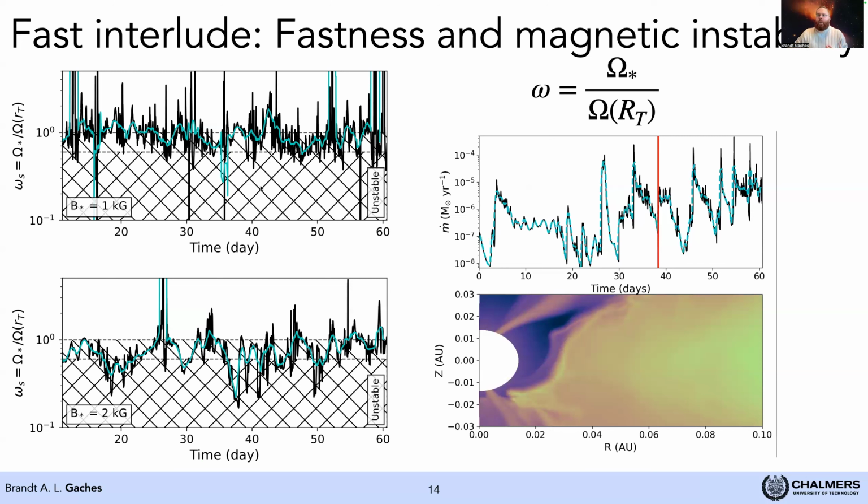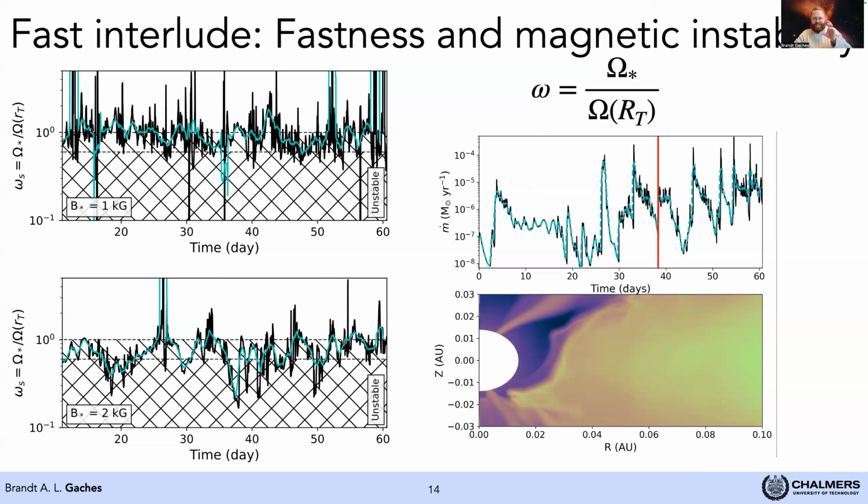And so what we see is that for the 1,000 Gauss case, this factor sits at around 1 with an occasional dropping below it. I've shown on the left, the top left is for 1,000 Gauss, the bottom left is for 2,000 Gauss. There's two regions. The first is below 1, and the other one is below 0.6.